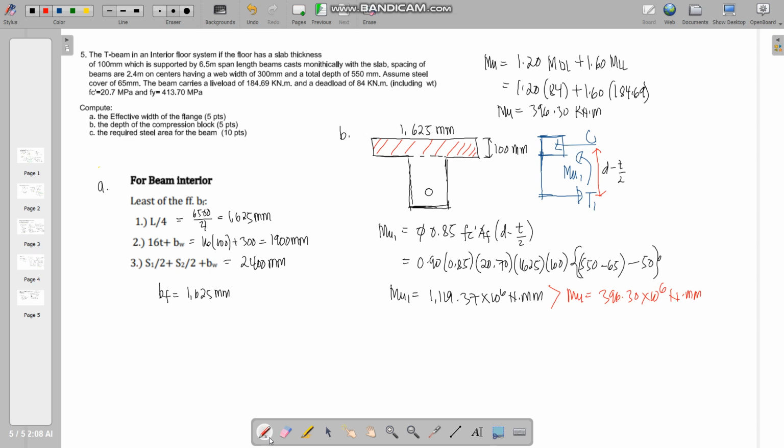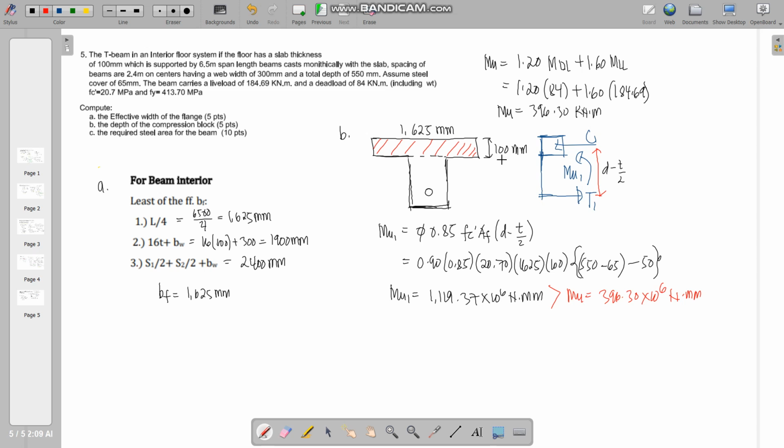So therefore, our block does not need to extend beyond the thickness. So therefore, the depth of the compression block is somewhere lower than the thickness of 100 millimeters.